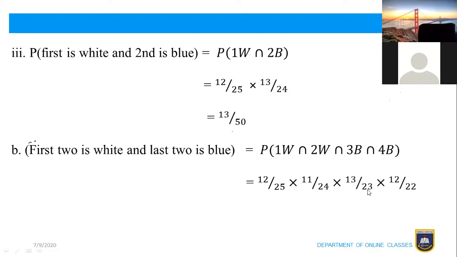Then the fourth, 12 over 22. So at any point in time, the total number of balls will be reducing by 1. This will be equal to 39 on 575. So that is the suggested solution to the question. Any problem with this? Good.